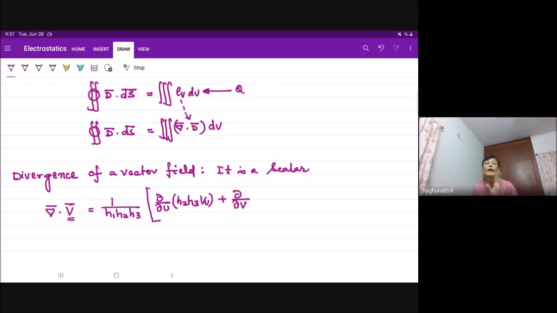U, v, w are the coordinates, like x, y, z; rho, phi, z; and r, theta, phi. This is for any vector field V bar. Plus dou by dou w of H1 H2 V_w.